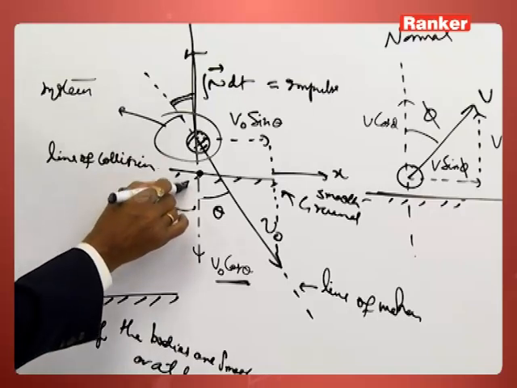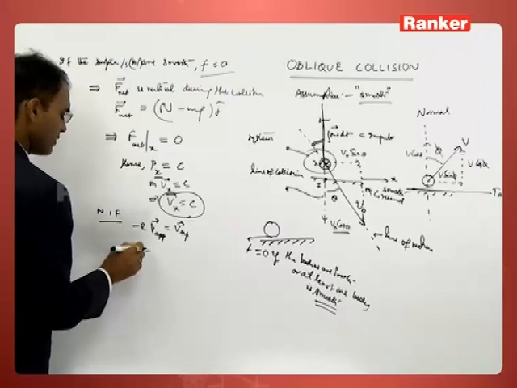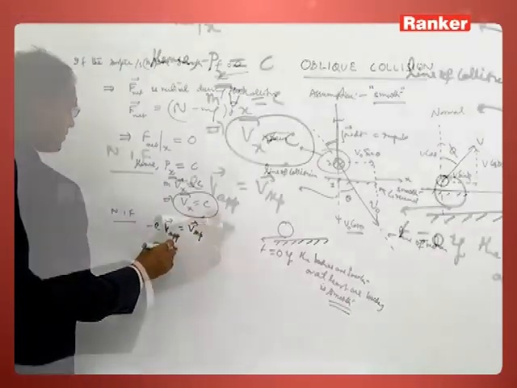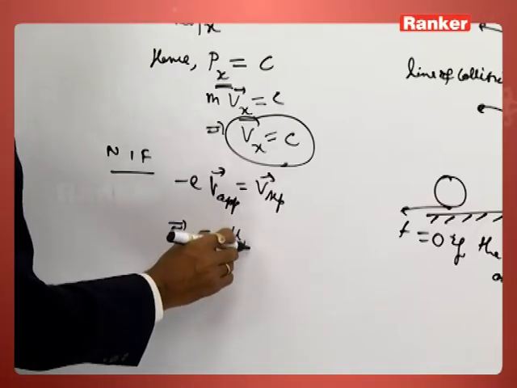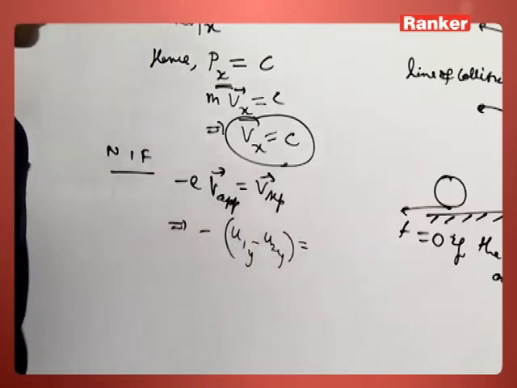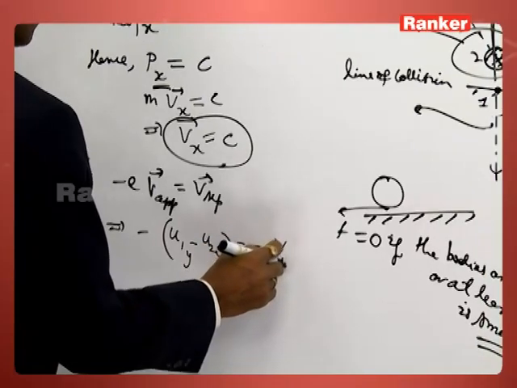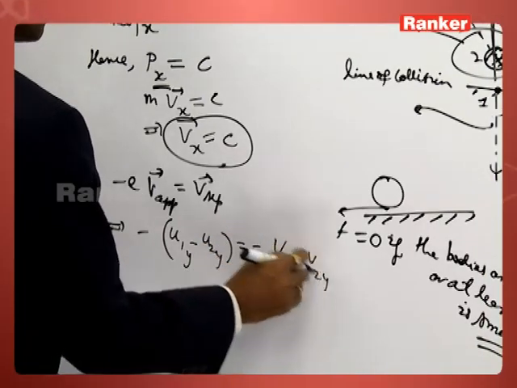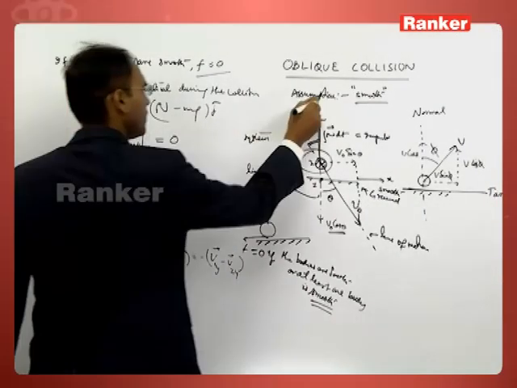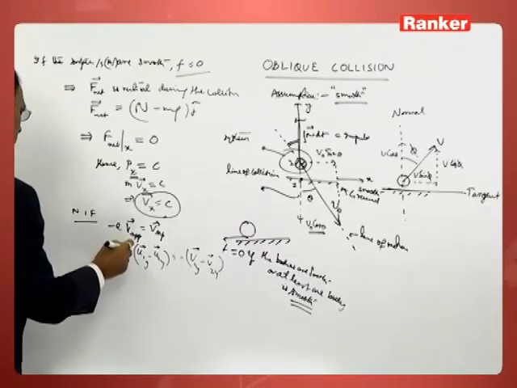If you take this as 1 and this as 2, you can write approach velocity as u1y minus u2y, and separation velocity as v1y minus v2y, where y means the vertical direction or y axis, into e.